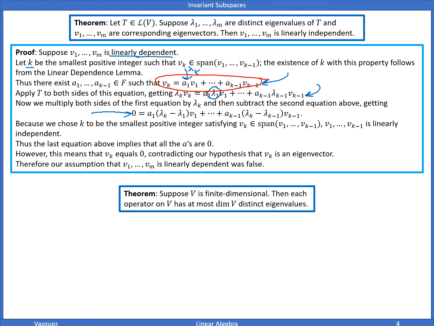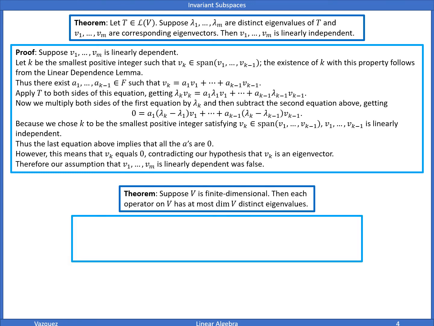So one last theorem. It's a bit clever in its proof, but it shouldn't be too hard to understand. Suppose V is finite dimensional, then each operator on V has at most dimension V distinct eigenvalues. So let T be an operator.